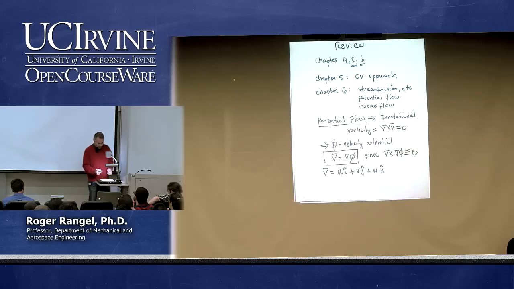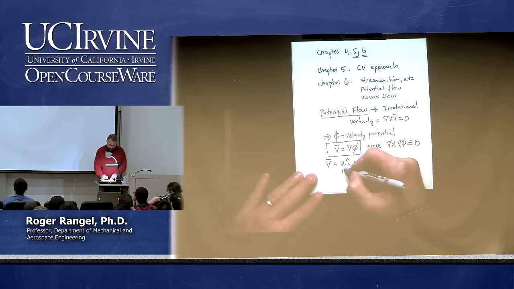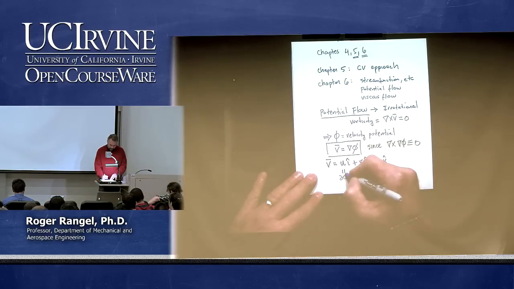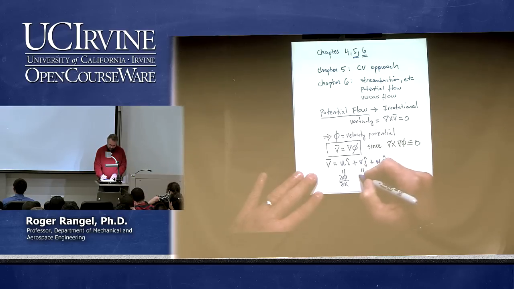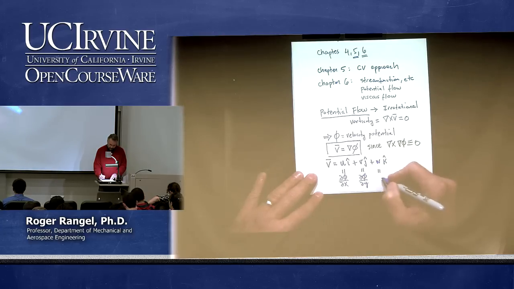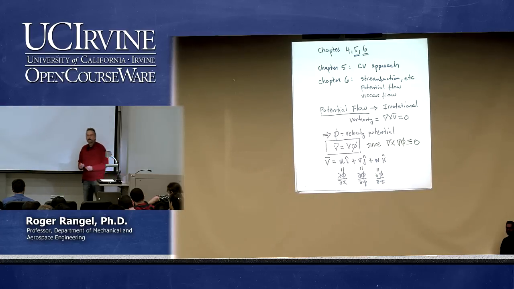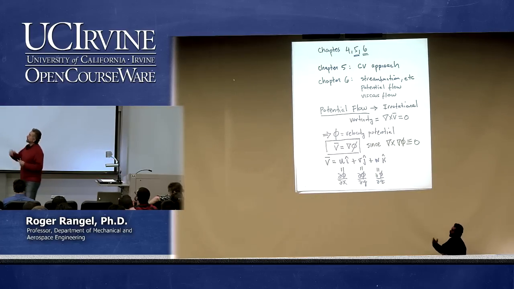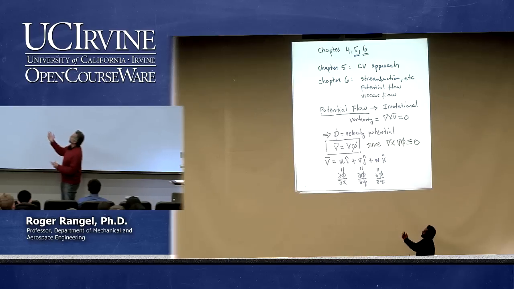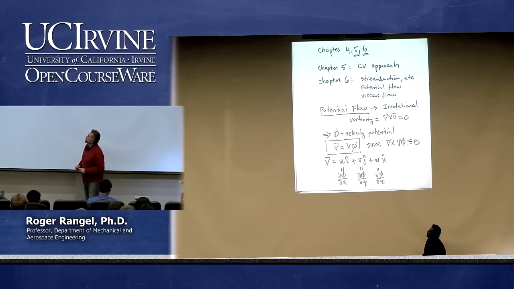So u then would be the derivative of phi in x, v would be the derivative of phi in y, and w would be the derivative of phi in z. So the components of the gradient vector become the components of the velocity vector.